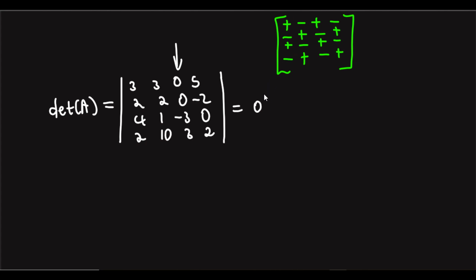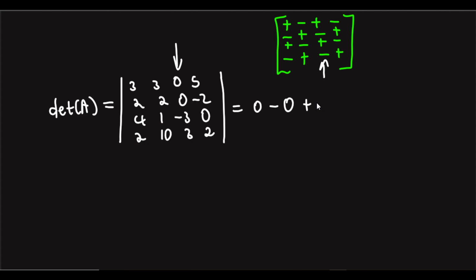Here I'm going to use the third column of the checkerboard. The first entry would be multiplied by positive, so it will be positive 0. The second entry would be negative, so it will be 0 minus 0, and then the third entry would be positive, so it would be plus.